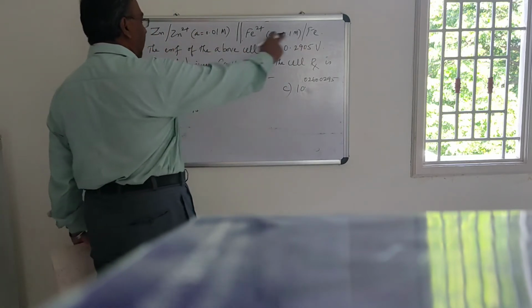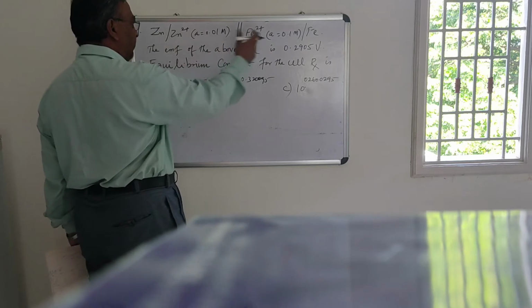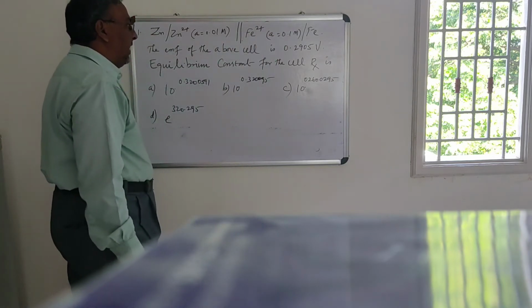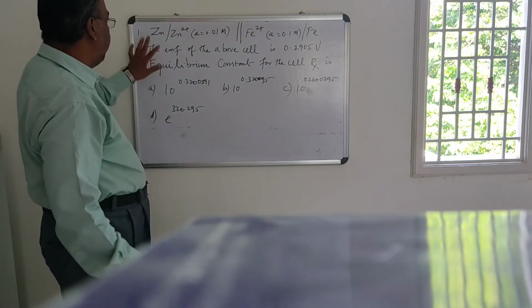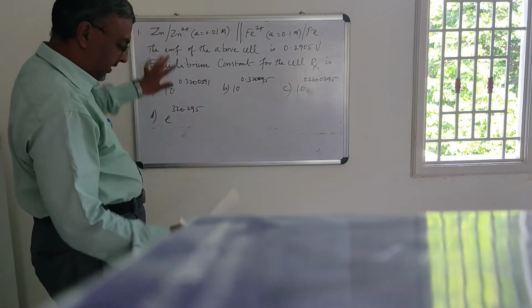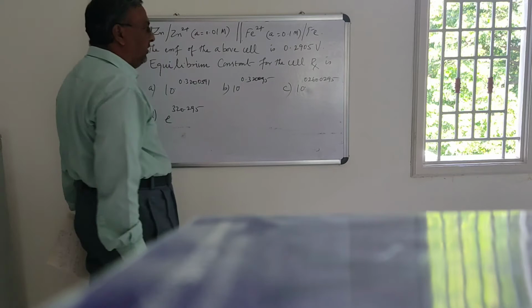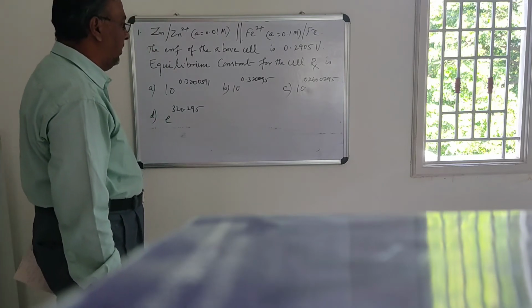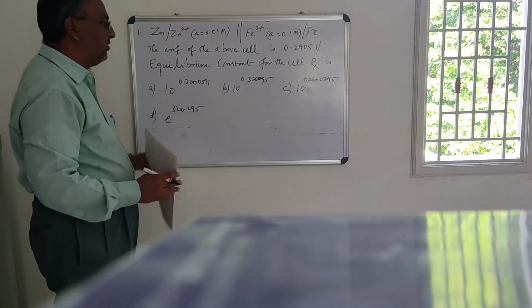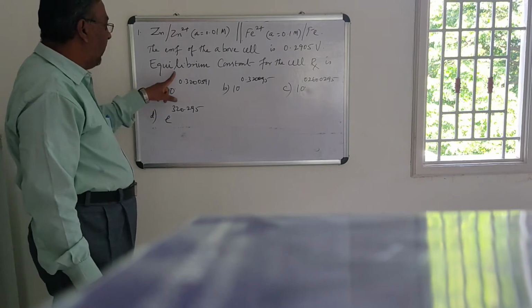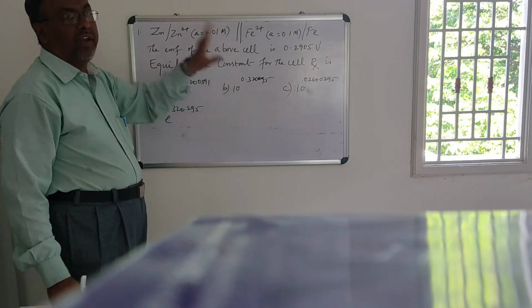So this is one cell. This is left hand side half cell. This is right hand side half cell. The EMF of the above cell is found to be 0.2905 volt. In this problem, we have to find out what is the value of equilibrium constant.